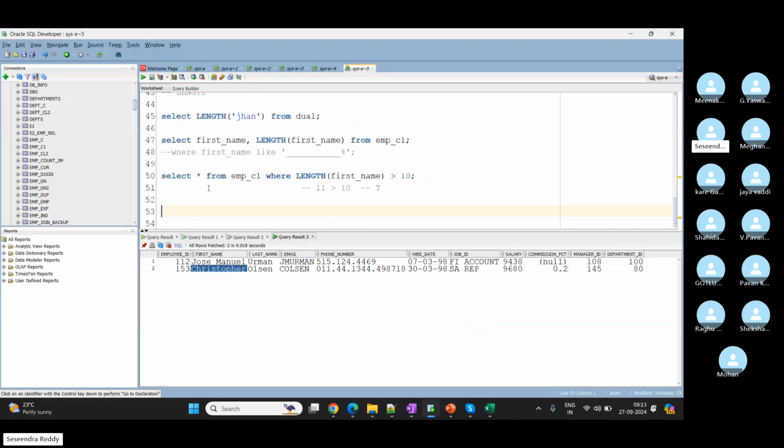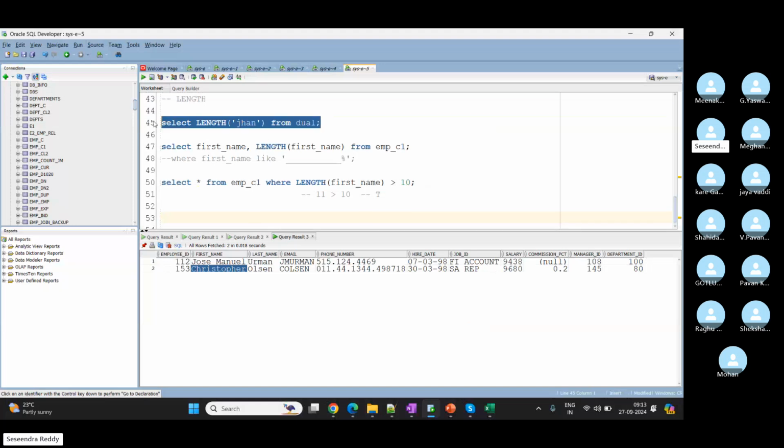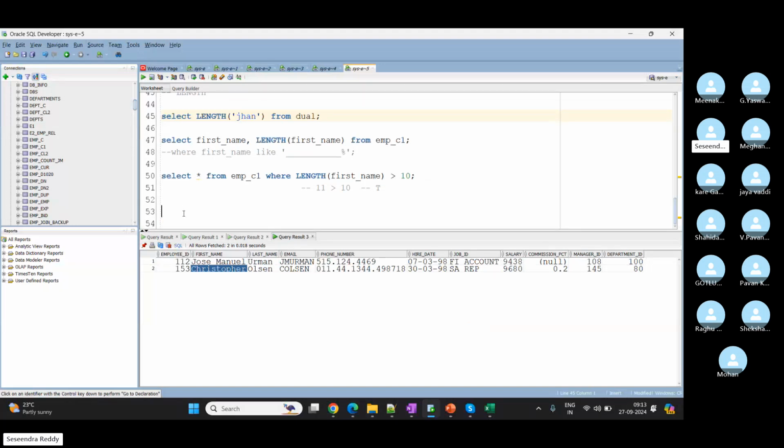Next, reverse. The reverse function we may not use much, but let's see. Reverse itself gives some meaning, right? Whatever input we provide, it will display that in reverse.